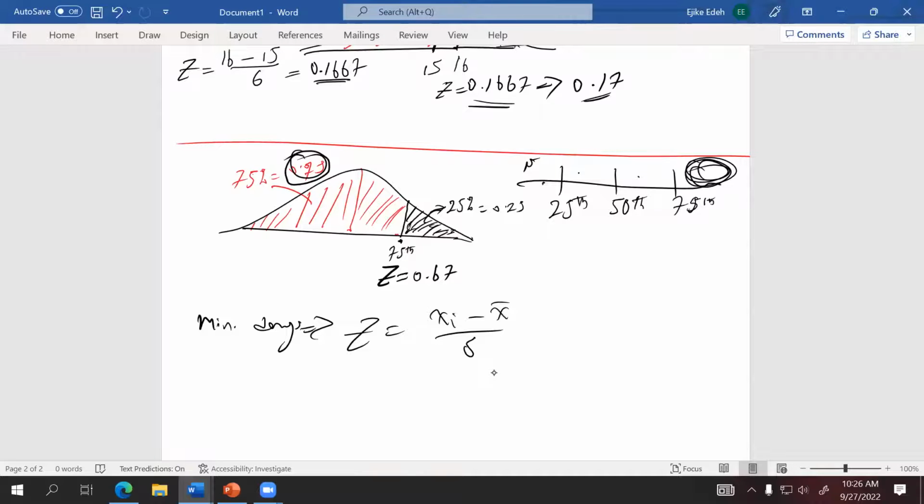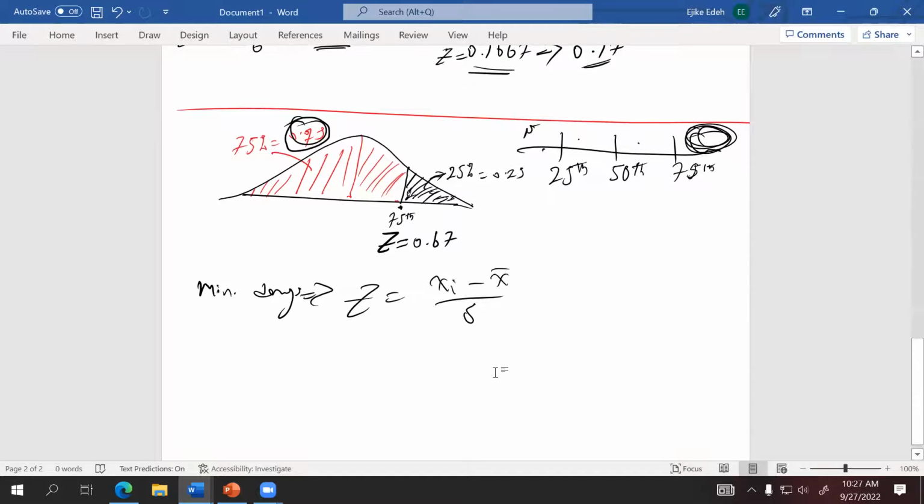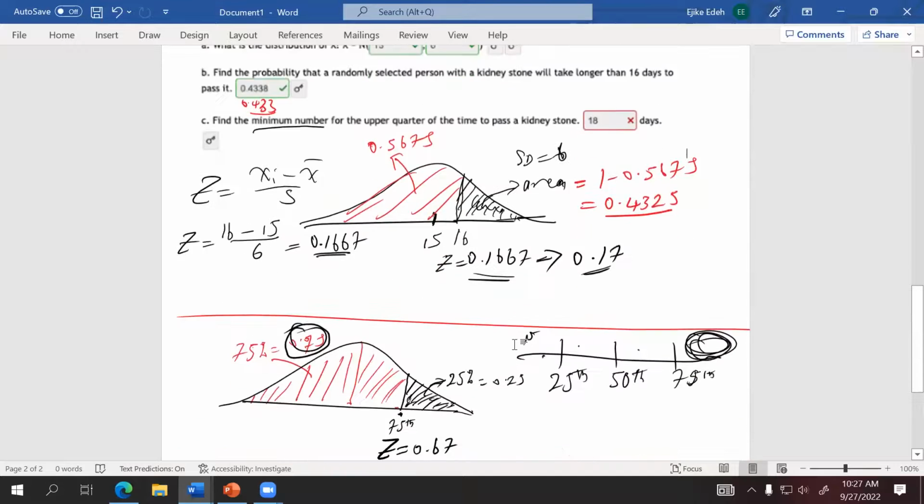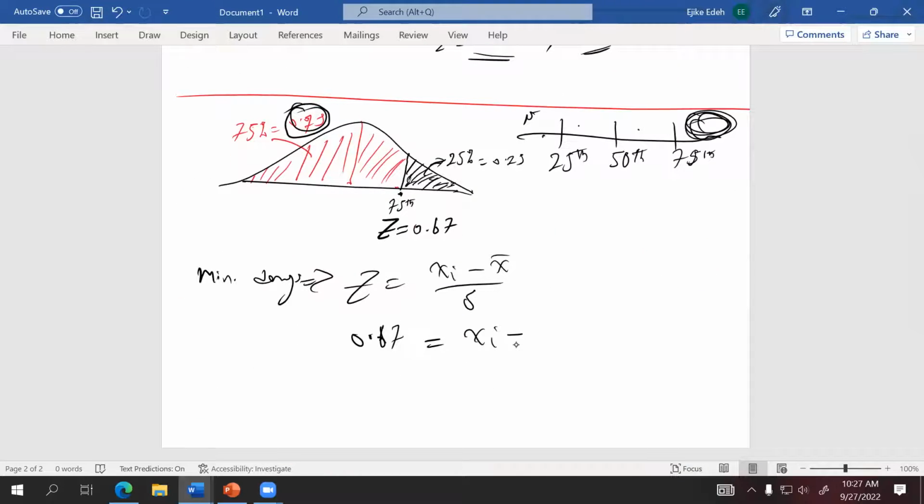We got Z over here, so we know Z here is 0.67. This is equal to, we are interested in this. We know the mean to be 15 days and the standard deviation to be 6. So we know this is 15 and this is 6, right? So we go ahead and solve this very quickly.